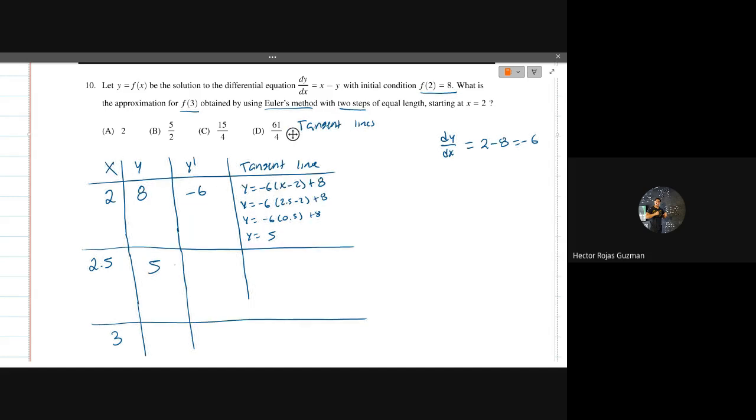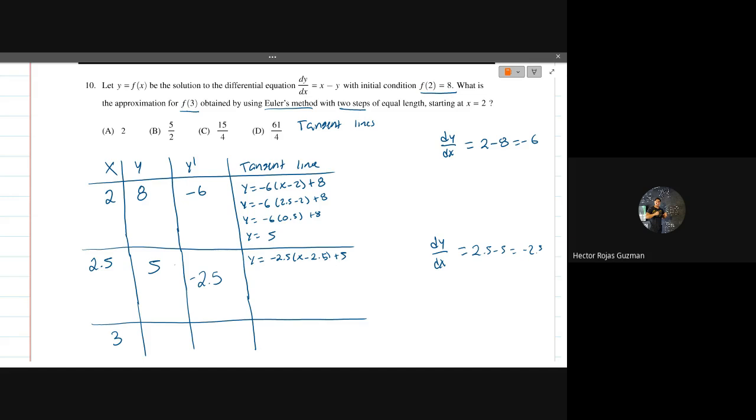Okay. Now with my new point, I have to find my new slope. dy/dx is x minus y, which is negative 2.5. Make your new tangent line. y equals m, x minus x1, plus y1.